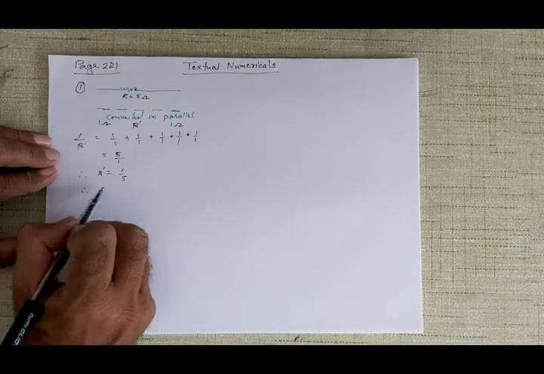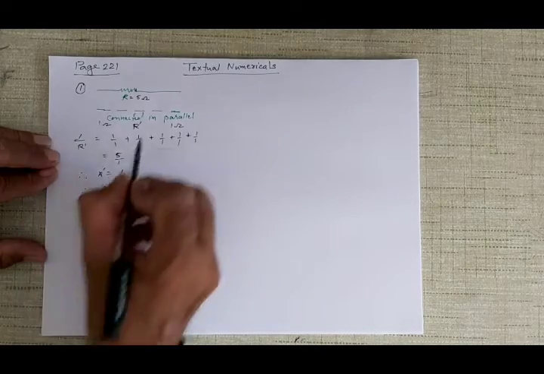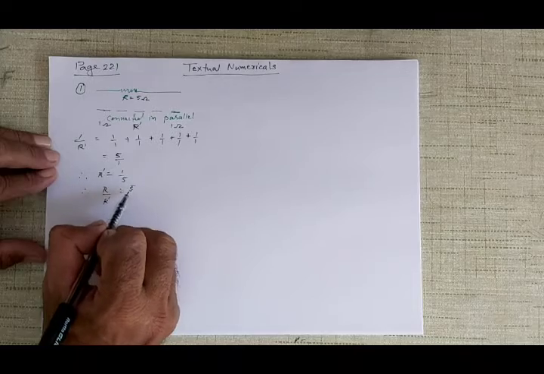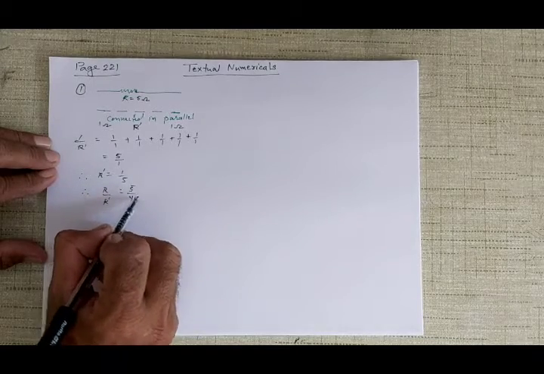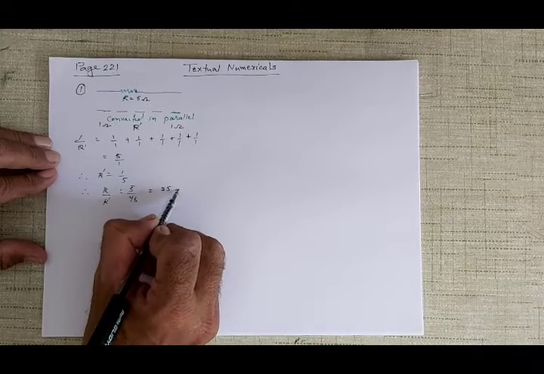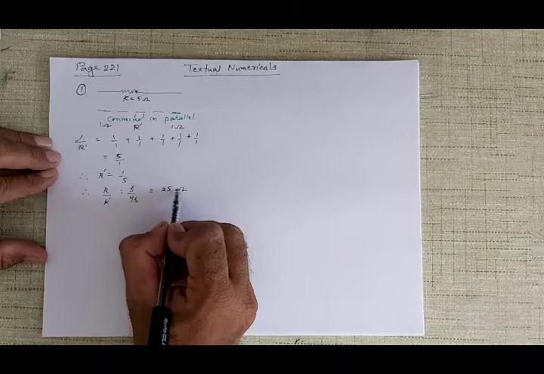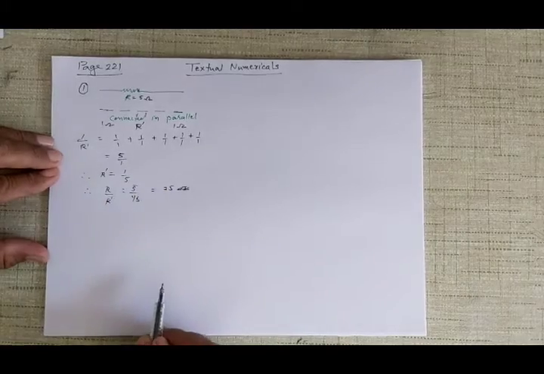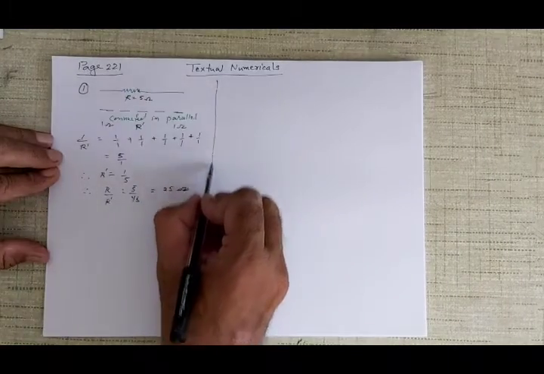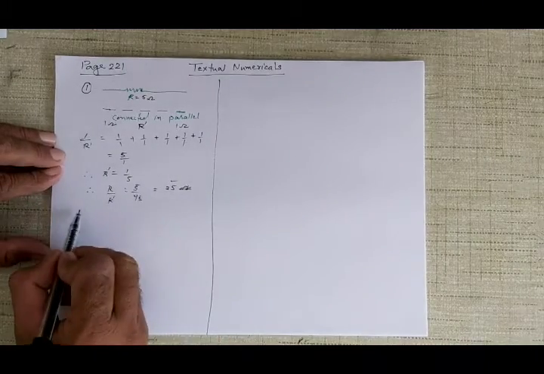So R upon R dash, R is equal to 5 ohms, R dash is equal to 1 upon 5. 5 divided by 1 upon 5 gives 25 upon 1, or 25. It is a ratio and therefore not ohm, it is just 25. A ratio is a pure number. So R upon R dash is equal to 25.